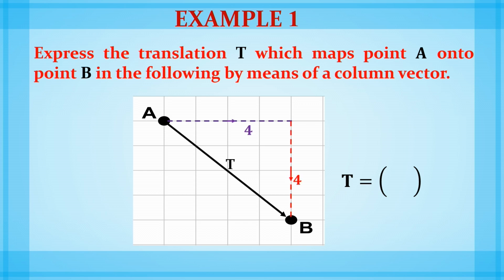Hence, the horizontal component is 4 and the vertical component is negative 4.